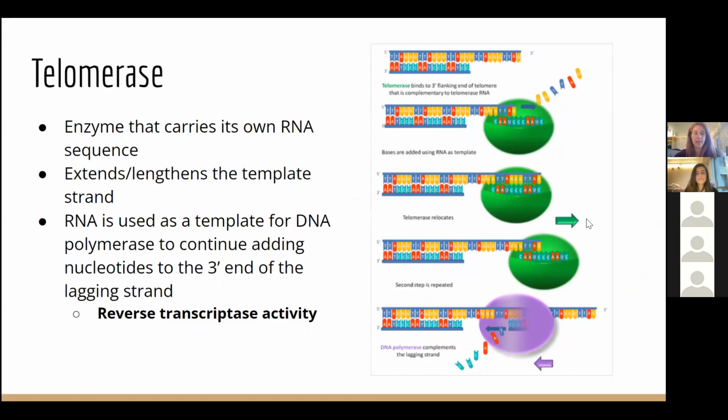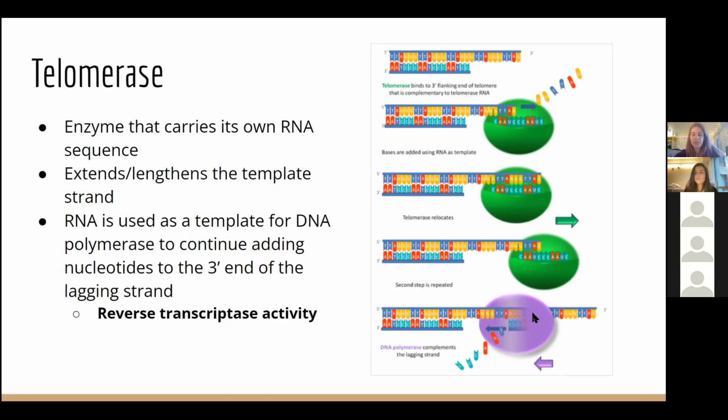This is the way that telomerase is going versus DNA polymerase is going to, in this case, the left. So we're creating a longer lagging strand, and the telomerase is making the telomere. So telomerase enzyme, telomere is the repeat sequences. So we're extending that. So then the DNA polymerase can come in and continue matching these to extend the DNA more.